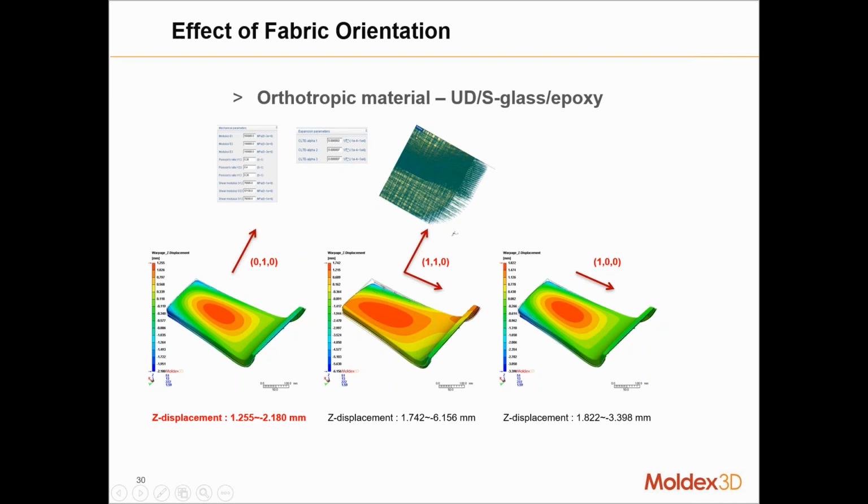So the placement, or for example, if you have a woven mat, how those fibers are woven together or laid down will affect part strength, displacement, and that kind of stuff. So that can be calculated and visualized through simulation.